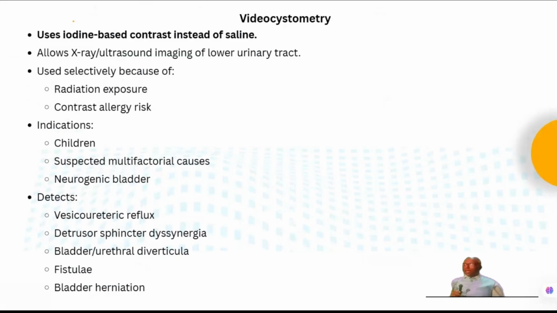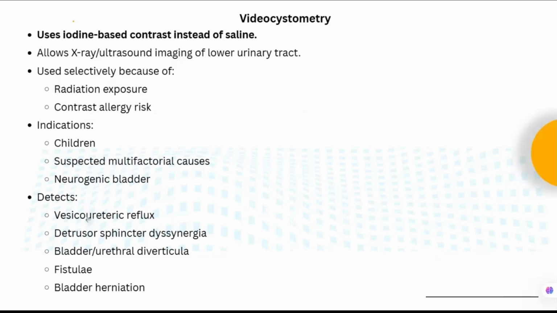It allows X-ray or ultrasound imaging of the lower urinary tract. It is used selectively because of radiation exposure and contrast allergy risk, so it is not routinely performed. It can be used in children and in suspected multifactorial causes in neurogenic bladder.